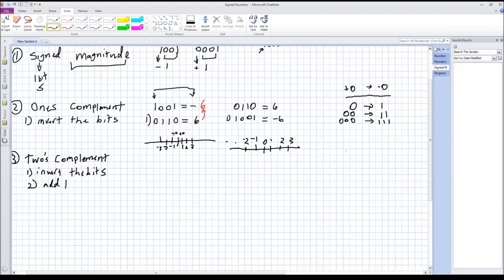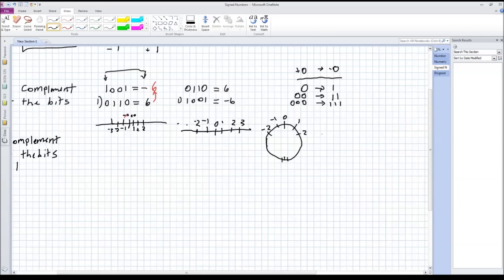Well, when we take this number line and wrap it around a circle, something really interesting happens. We have 0 here, we have negative 1, 1, 2, negative 2, and so on, all the way up until we hit this other halfway point, or as close as we can get to it. This is very similar to the way that we treat regular unsigned numbers. If we have 4 bits, for instance, we can only represent 16 numbers, of course, and those numbers are going to be 0 through 15.